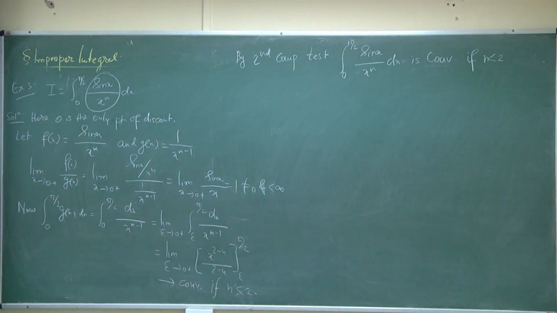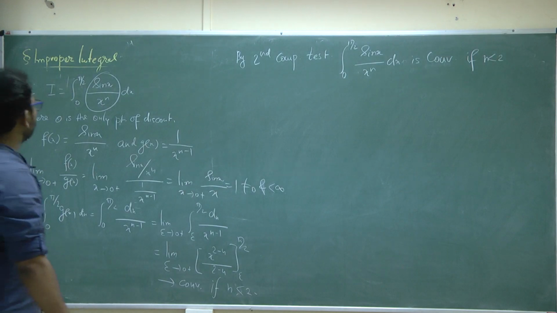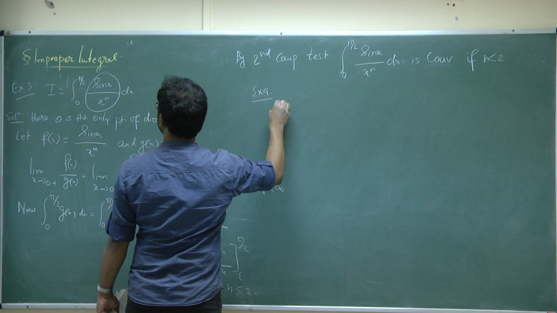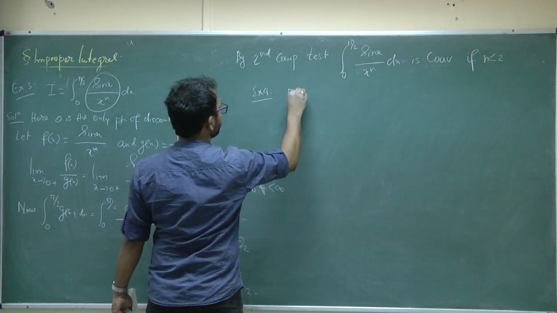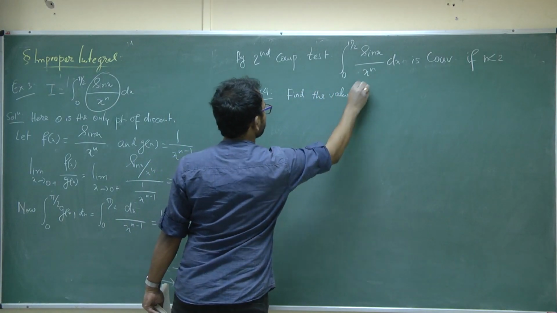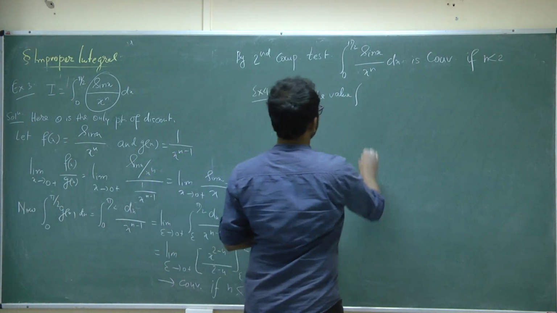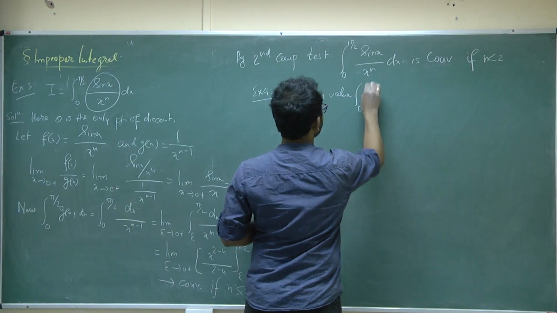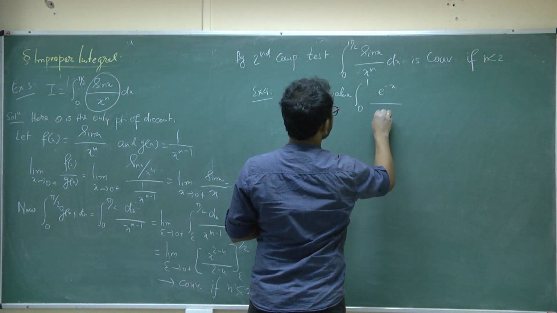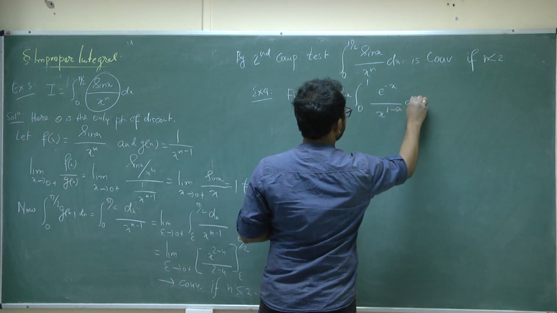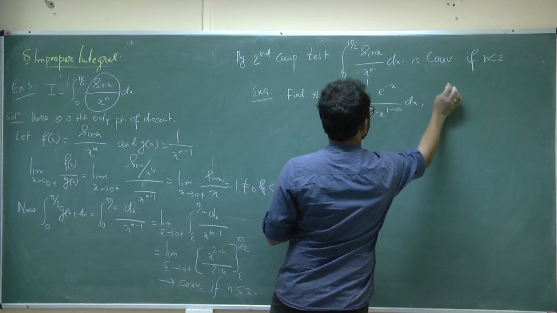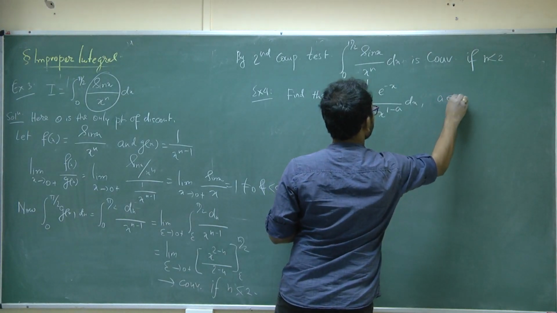All right. Similarly, we can solve one more example. Let us say we have to check whether the integral from 0 to 1 of e to the power minus x by x to the power 1 minus a dx, where a is any real number, converges.